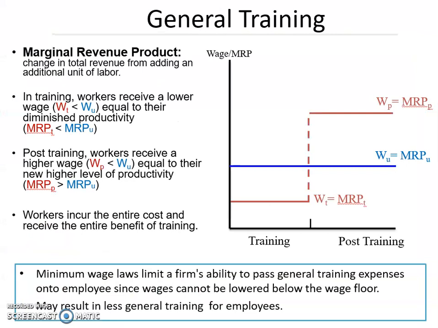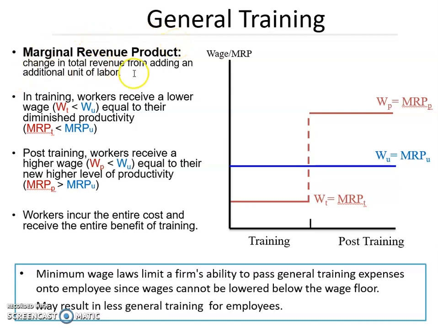With that in mind, let's first analyze general training. We're going to do this through a model here that puts the training period and the post-training period on the horizontal axis. And when we're evaluating a worker's productivity, we often use a metric called marginal revenue product.